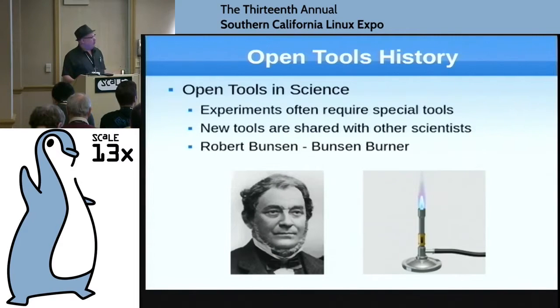One of the most famous is Robert Bunsen. Everybody here has probably used a Bunsen burner in their chemistry class. He's one of the most famous open source hardware tool manufacturers in the world, because when he designed the Bunsen burner, he licensed it royalty-free for anyone to manufacture and use.